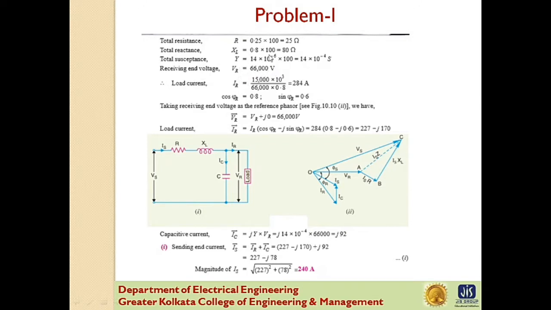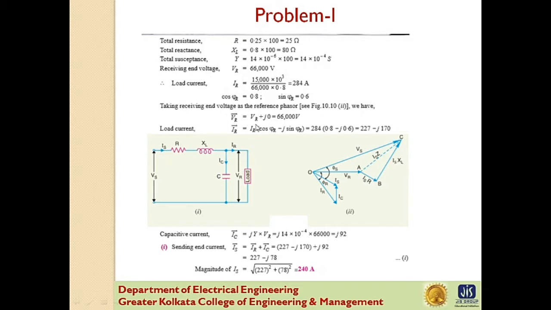So from the above data and the given power, that is 15,000 kilowatt, we get the value of current. Here the kilowatt is converted into watt and this is already in volt. So we calculate the load current, which is equal to 284 ampere. Cos phi r is 0.8, so from this value we can get the value of sin phi r.